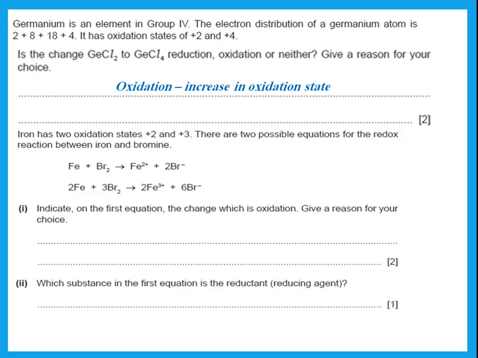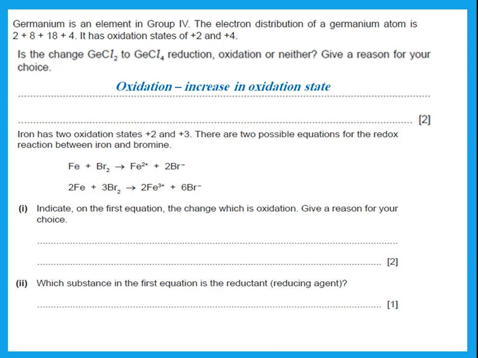Okay, iron has 2 oxidation states, +2 and +3. There are 2 possible equations for the redox reaction between iron and bromine. Indicate on the first equation the change which is oxidation. Again, remember, oxidation is a change from a lower oxidation number to a higher oxidation number.